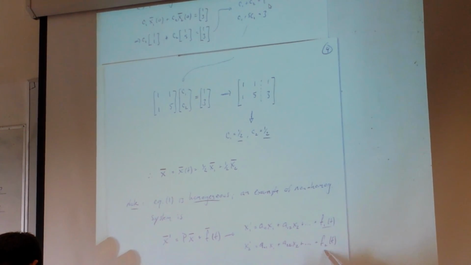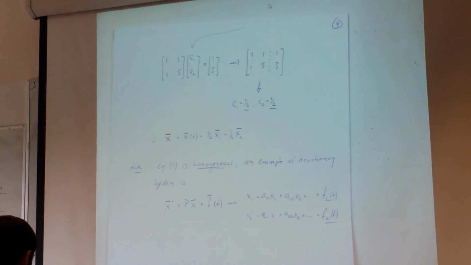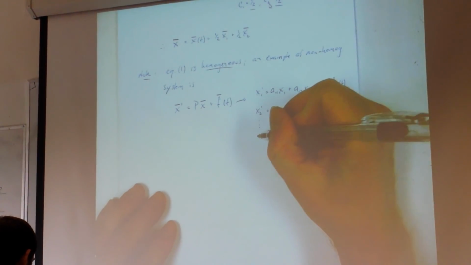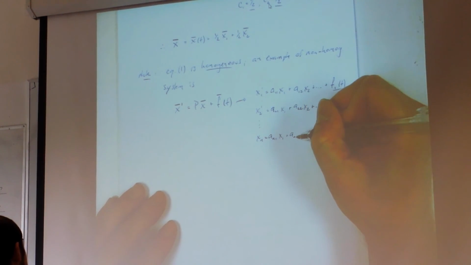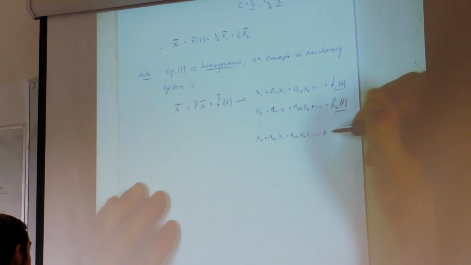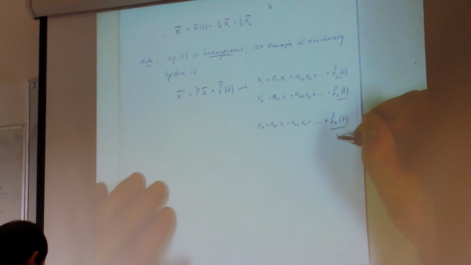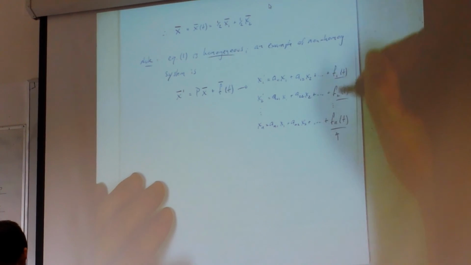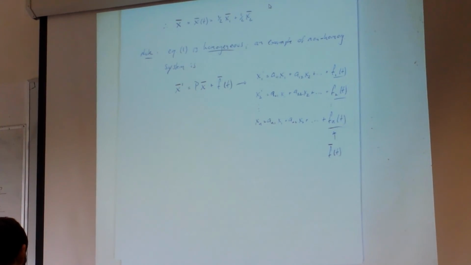So if they tack on a term that involves the independent variable, that would be non-homogeneous, where this column of vectors is what we're calling f bar of t.